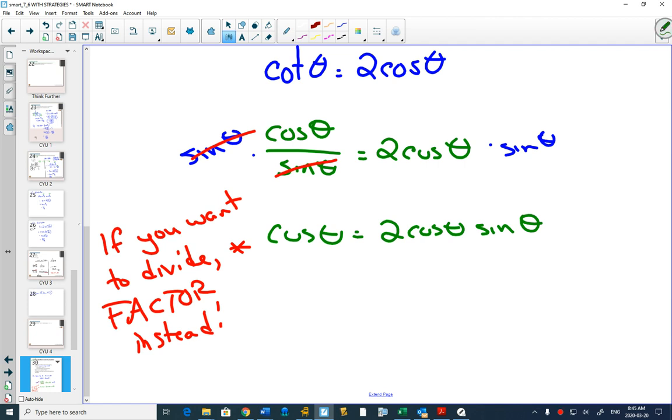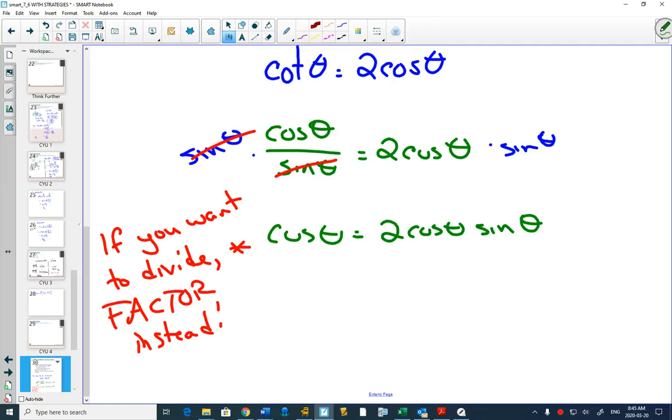Because right now, the very first strategy that we listed, which was get it to just one trig function, which is an important strategy, can you see that if you divided both sides by cos theta, the cos thetas would go away and you'd only have sine theta? And you'll be very tempted by that.